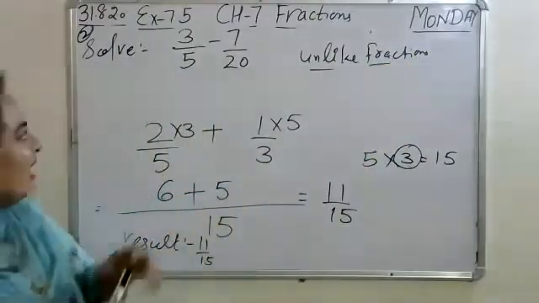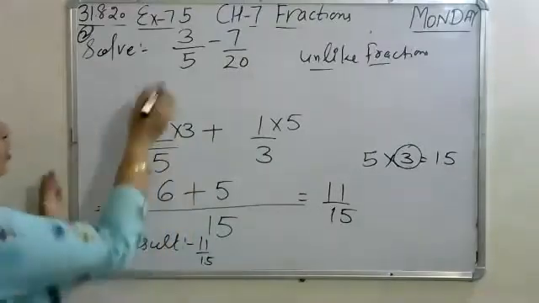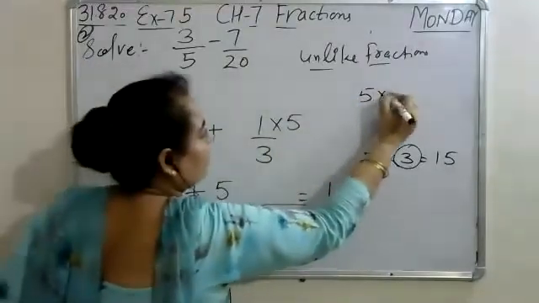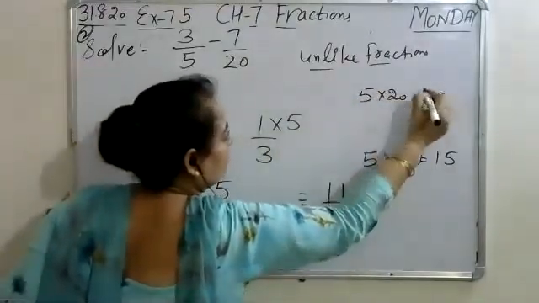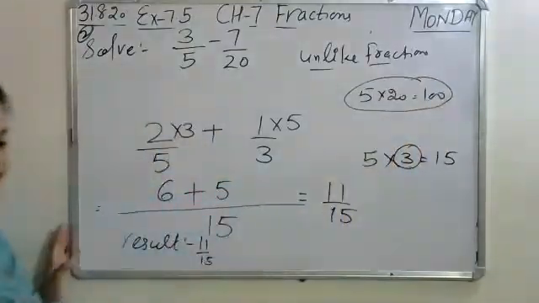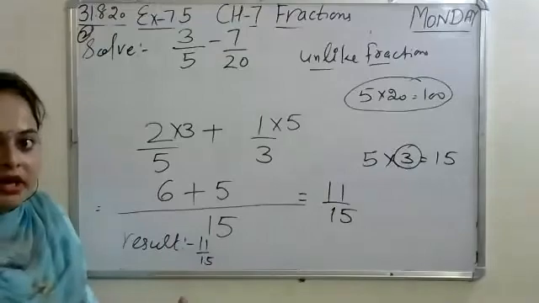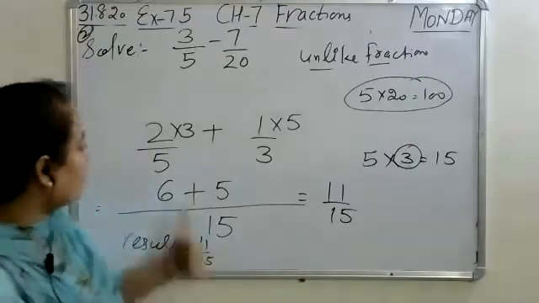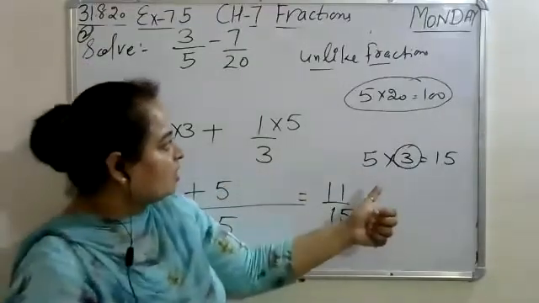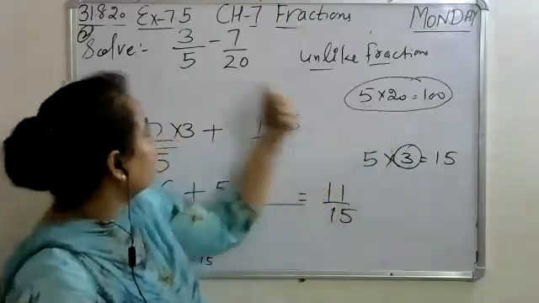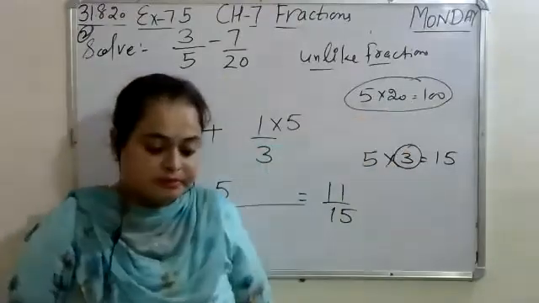Now, tell me one more thing, Sonam. Can we find the LCM of 5 and 20 by the shortcut method, that is 5 multiplied by 20 is equal to 100? Is this correct? In the previous question, we found the LCM of 5 and 3 by multiplication. Can we find the LCM by multiplication here?